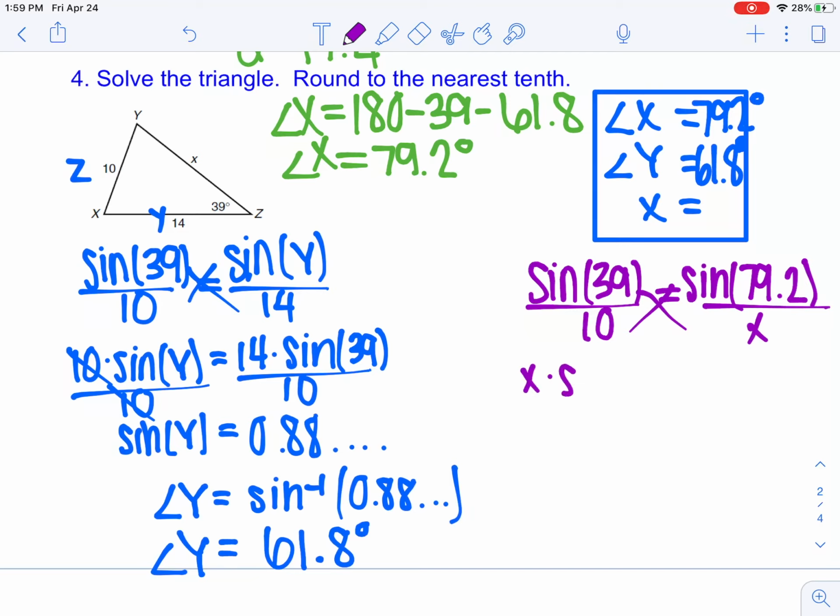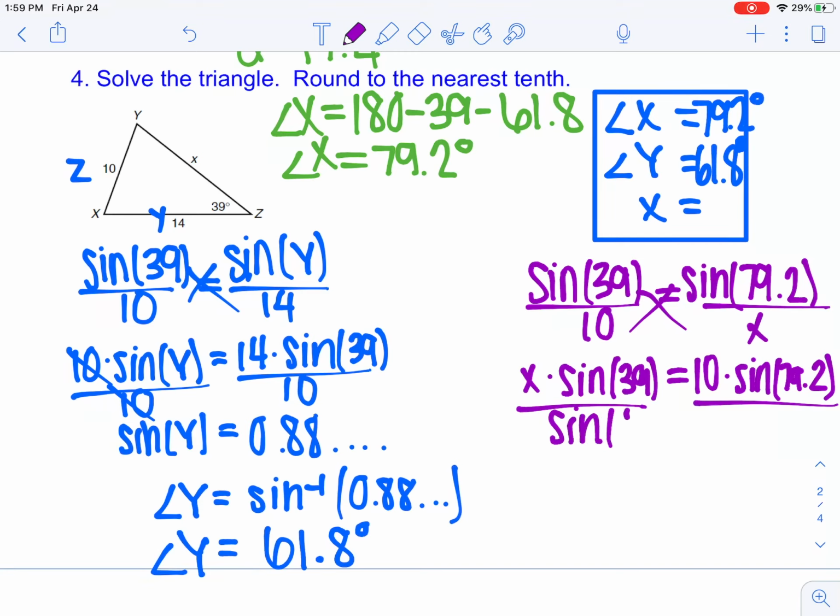We get X times the sine of 39 equals 10 times the sine of 79.2. Now to solve for X, we can divide both sides by the sine of 39.